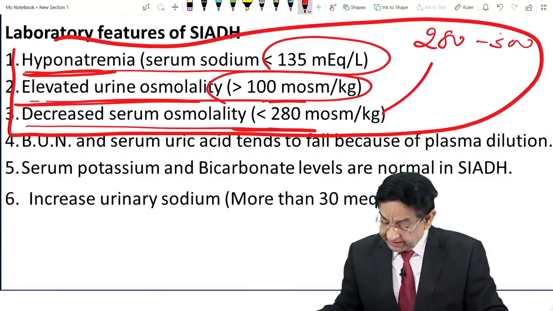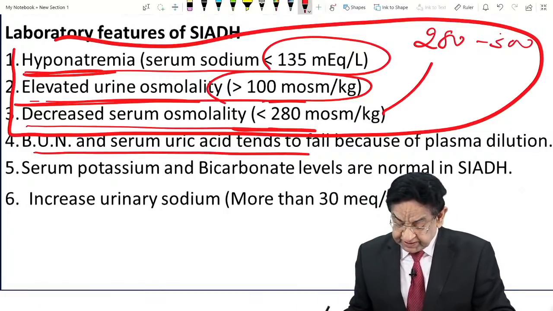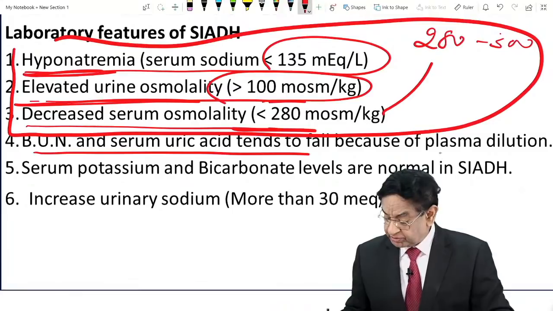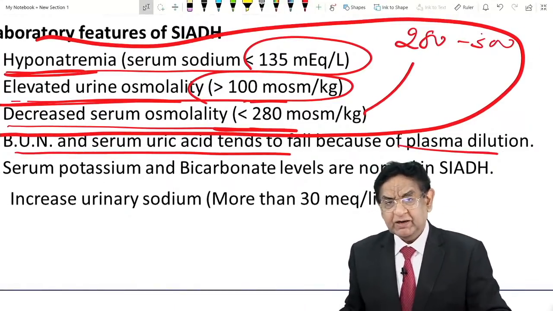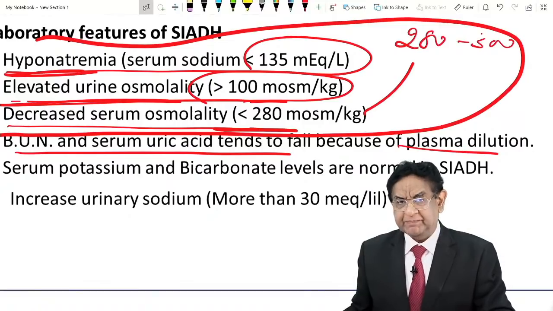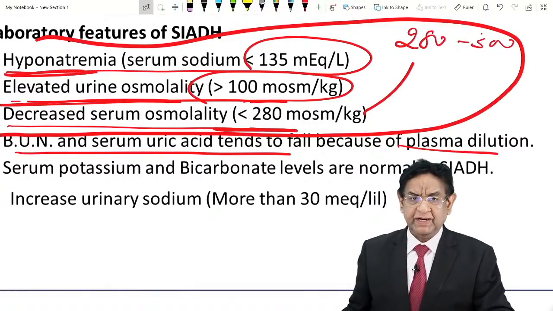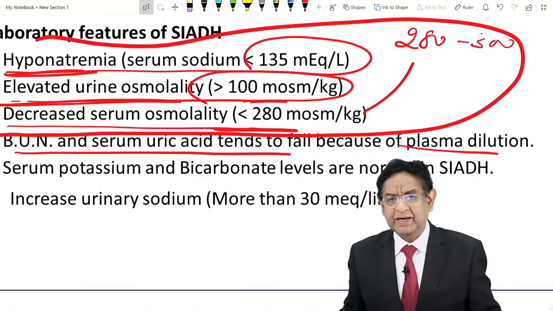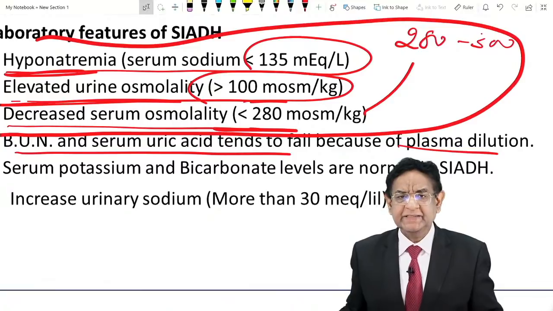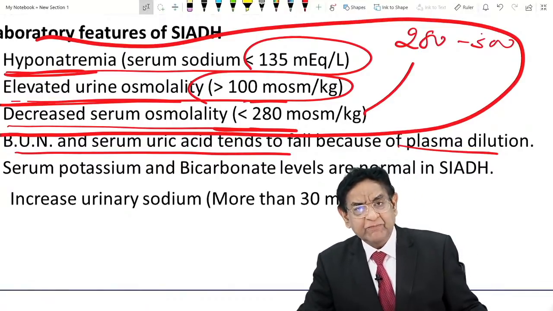SIADH. In addition, there may be slight reduction in BUN and uric acid because of plasma dilution. Remember, I said, repeating a third time, that although SIADH is considered a case of euvolemia, in fact it is not absolutely euvolemia. There is slight increase in plasma volume, but it is related to sodium.